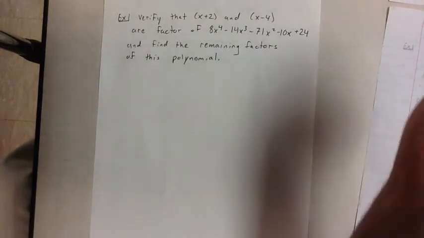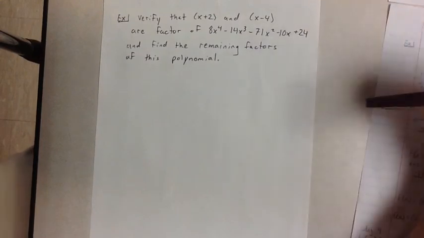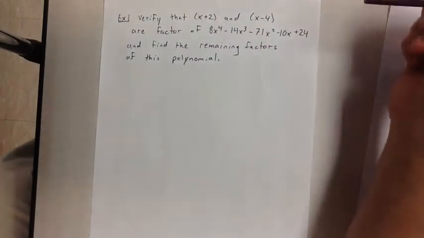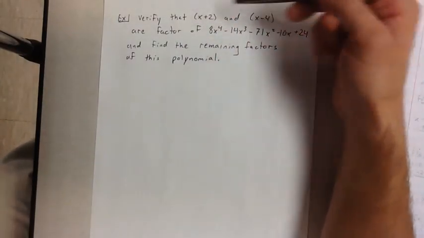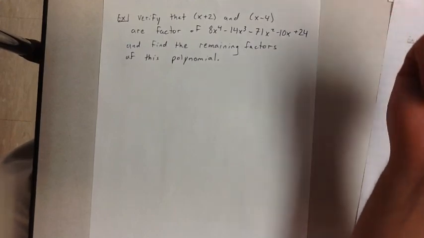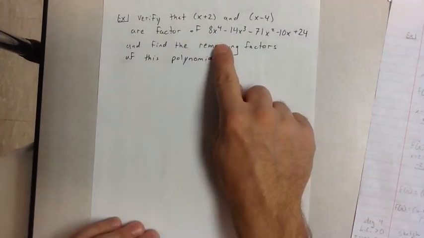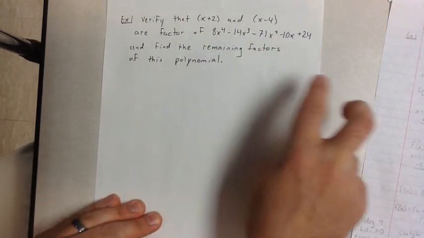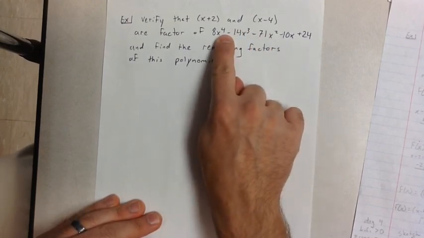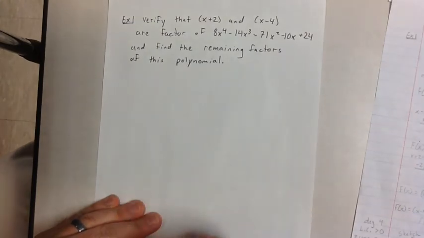I'm going to encourage you now to go forward with this example, using synthetic division to show that these two terms are factors of the polynomial, and then factor what remains, so that we can write this polynomial as a set of factors. So if I have a degree 4, we should know that we should have 4 factors at the end.